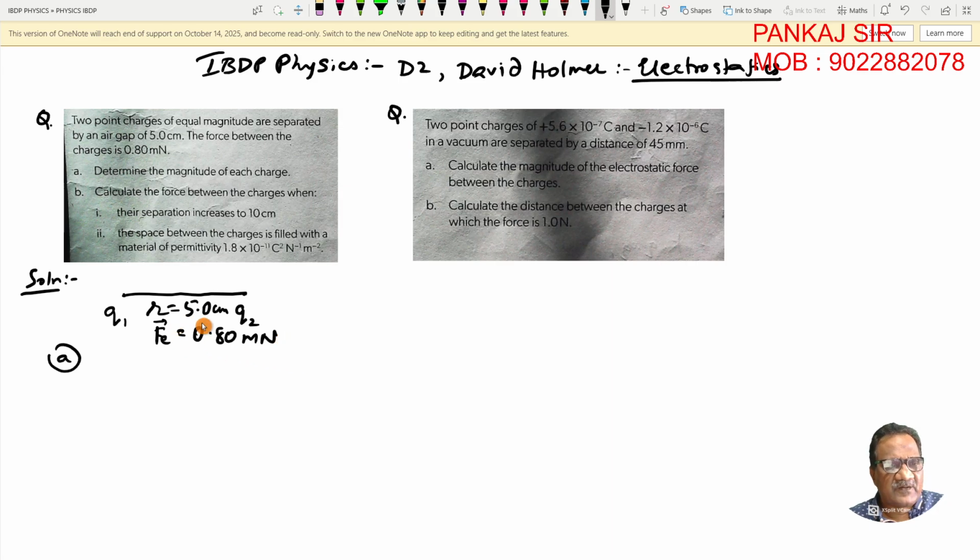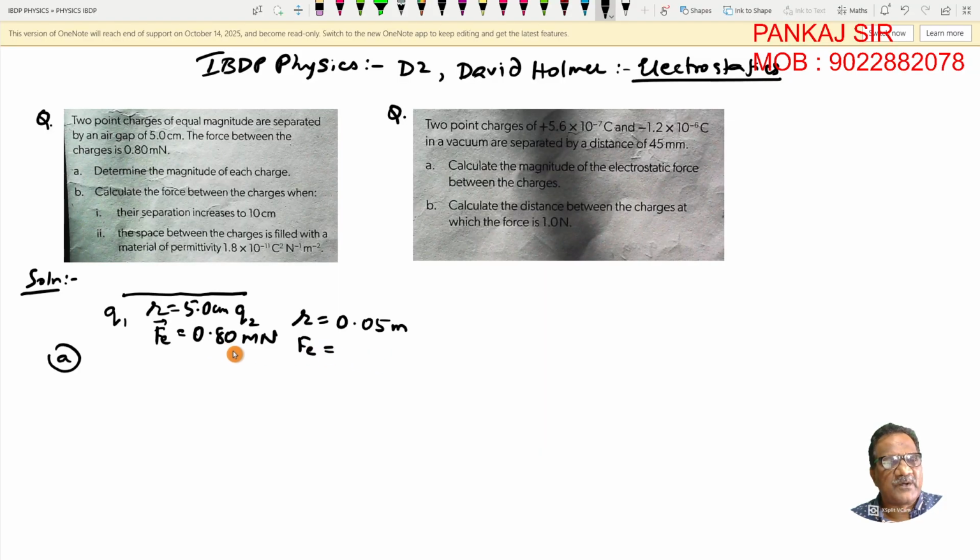Before we start the calculation, let me tell you one thing. In such problems, to stick to the SI system, your distances should always be in meter. So this is 5 centimeter, convert it into meter and it will become 0.05 meter. And the forces should be in Newton.